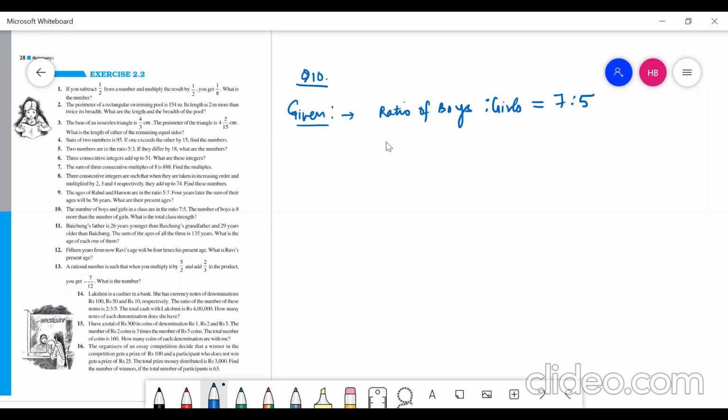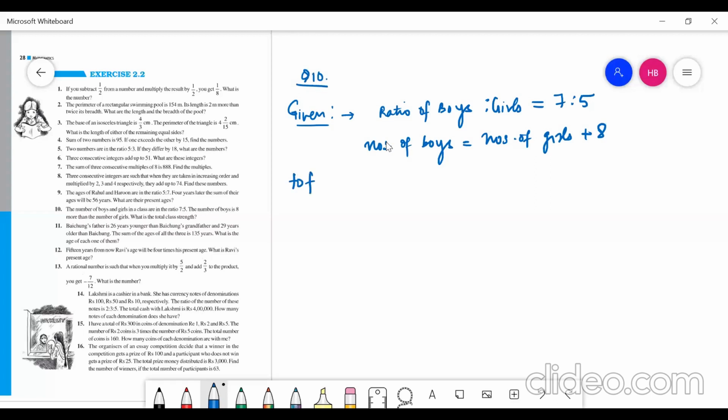And the other information given to me is the number of boys is 8 more than the number of girls. So number of boys is equal to number of girls plus 8, right? Because they are saying the number of boys is 8 greater than the number of girls. So this is the other information which is given to me.